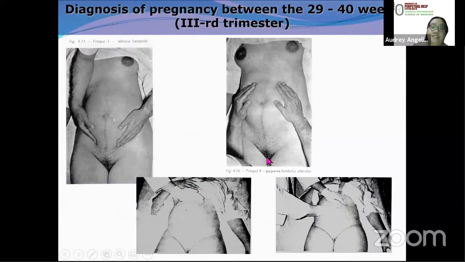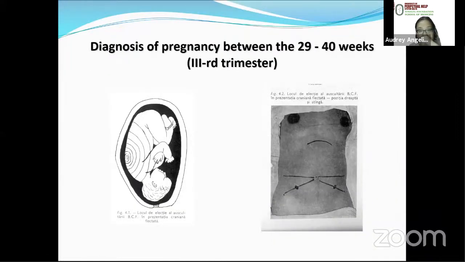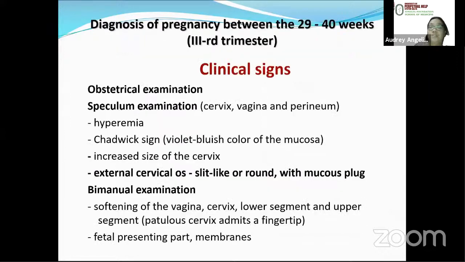So this is the Leopold's. Okay. 29 to 40 weeks. It's third trimester now. So what are the changes that we have to anticipate in your third trimester? Okay, still the same, your bluish discoloration. Important in your third trimester examination, especially when the patient is about to deliver, would be your internal examination.